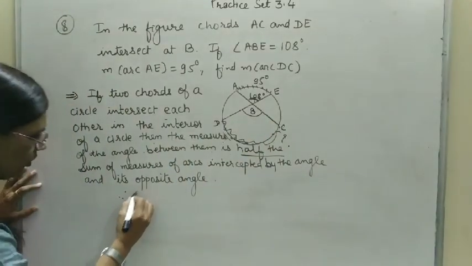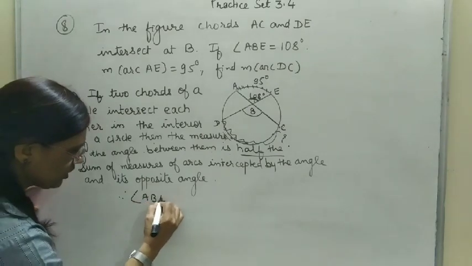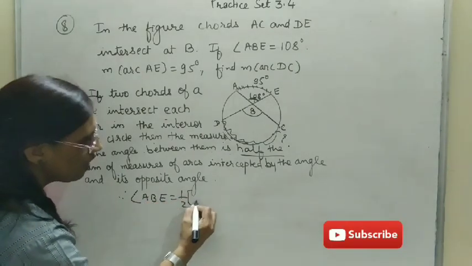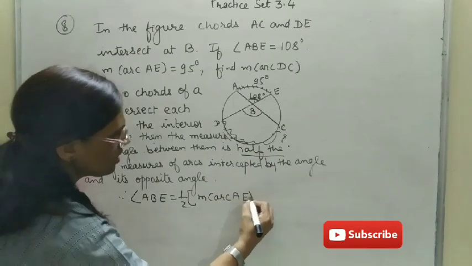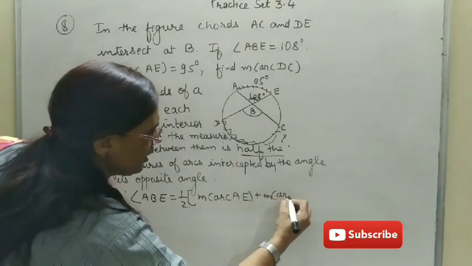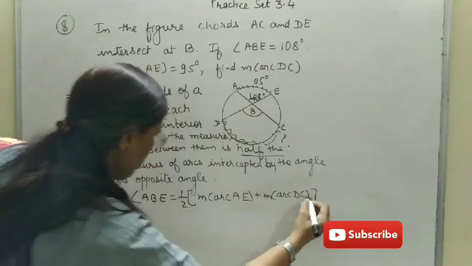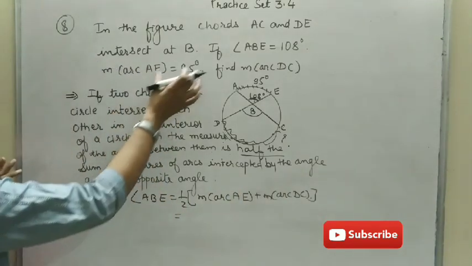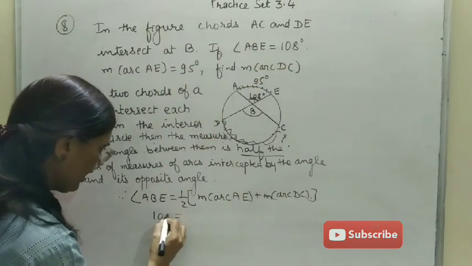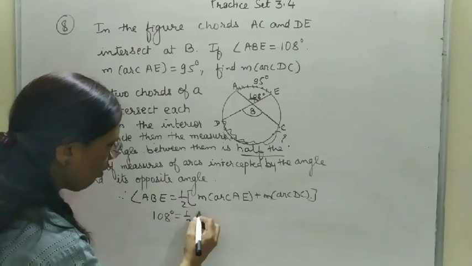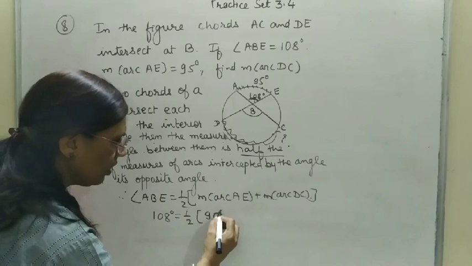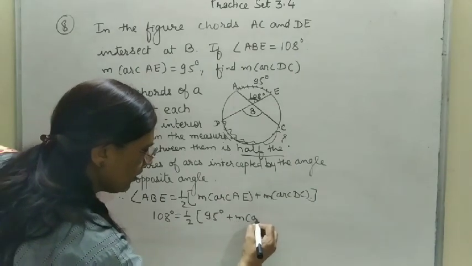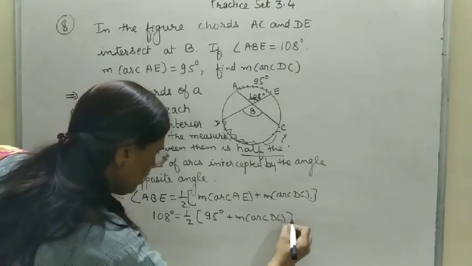आणि म्हणून आपण काय म्हणू की angle ABE is equal to half of major arc AE plus major arc DC, right? Now we have ABE, it is 108 degrees, so it is half of major arc AE, 95, plus major arc DC, right?